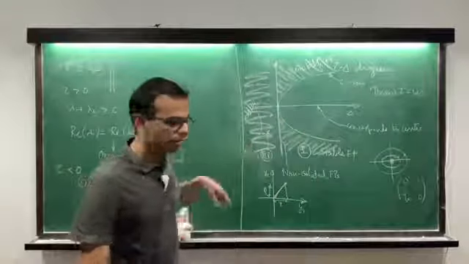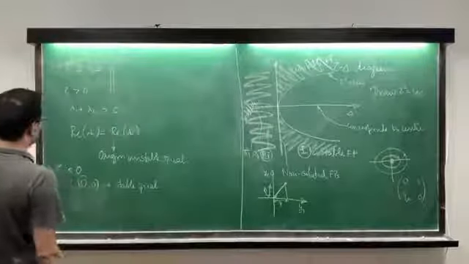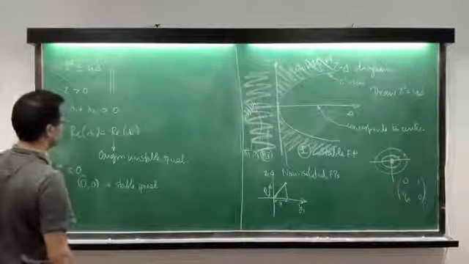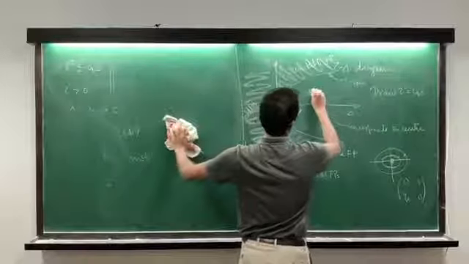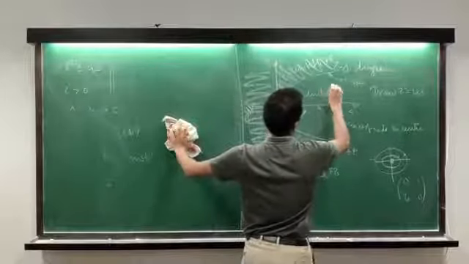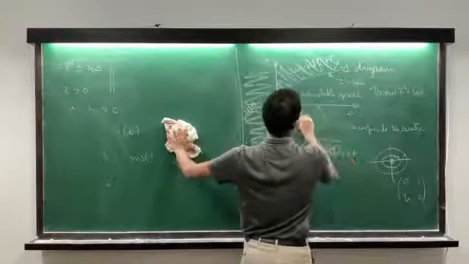I'll work out an example for this now to show you how this works. Okay, so let's do that. So here you will get an unstable spiral, and here you will get a stable spiral.